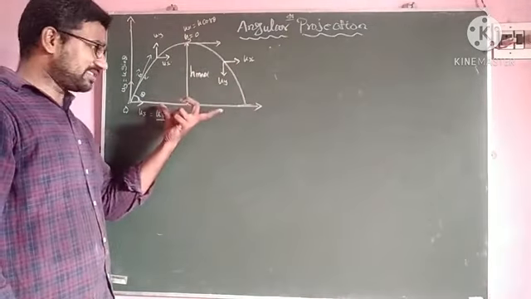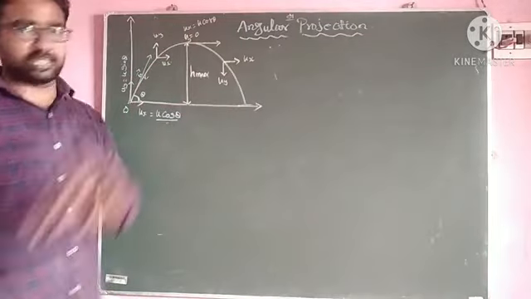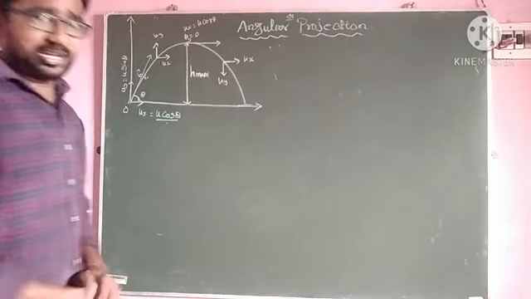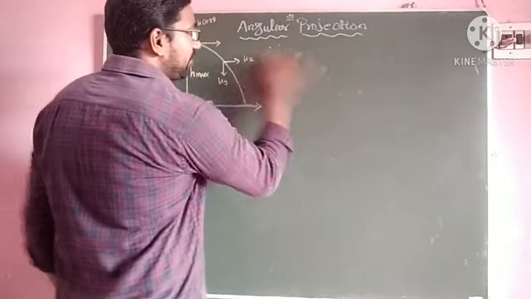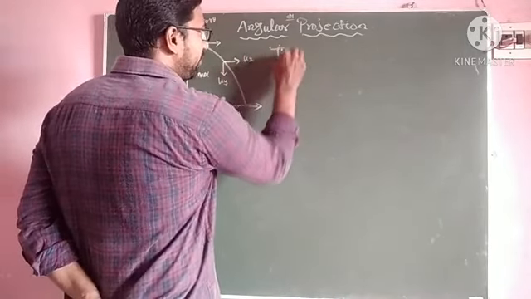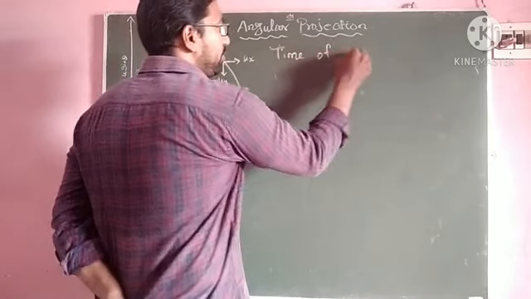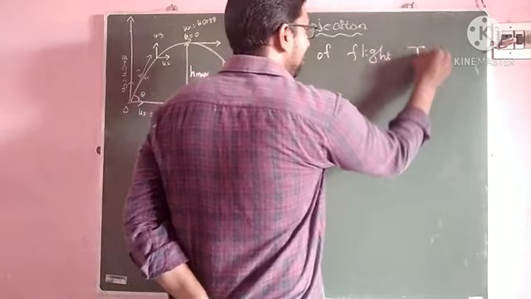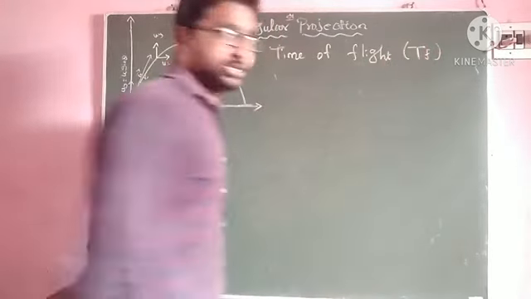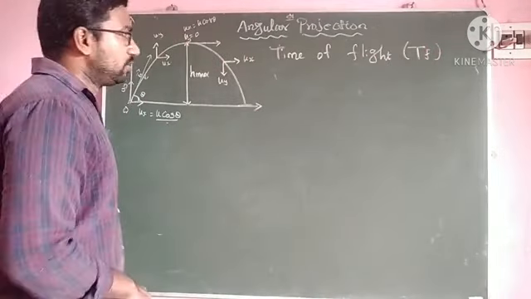So the distance is traveled in the x direction. So I am going to take the second equation of kinematics. What is the second equation of kinematics? Time of flight is represented by TF. Very important formula, students. TF. So time of flight.